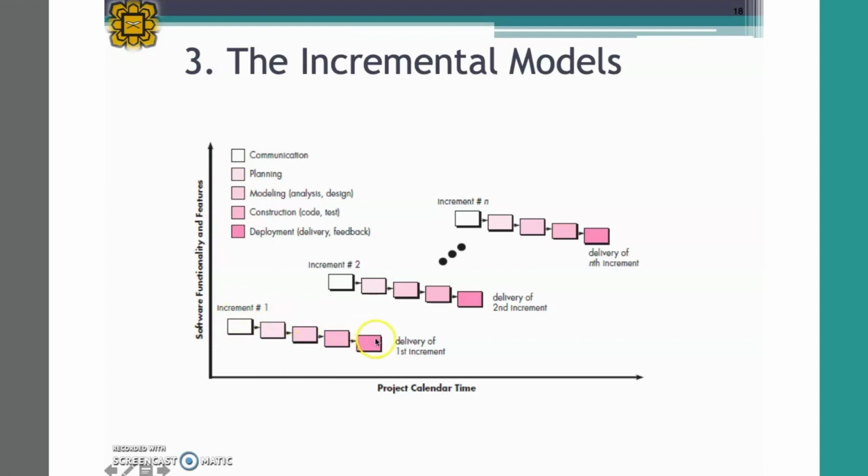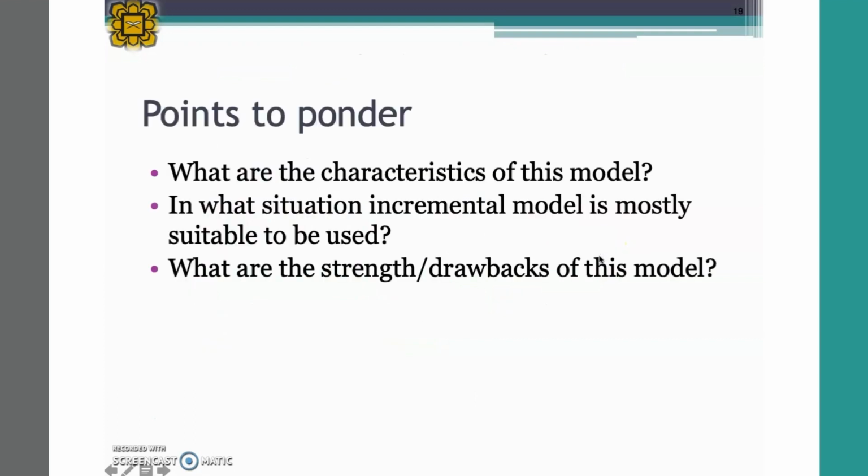At the end of each increment step, the first increment will be produced, and then for the following increment, we execute the same series of activities until the final increment. In the end, there is the final delivery of the increment.